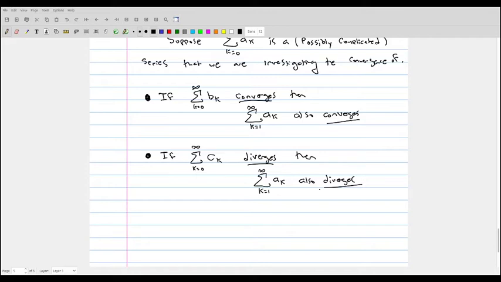So these are the key points in this direct comparison test.